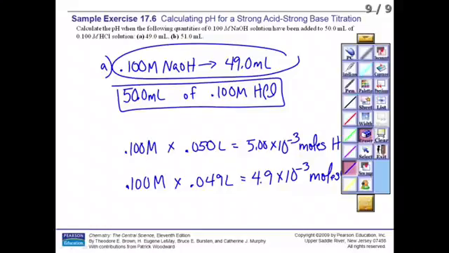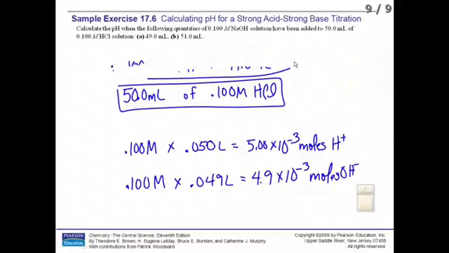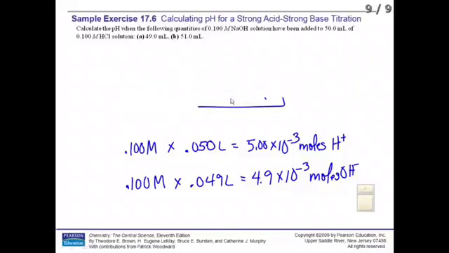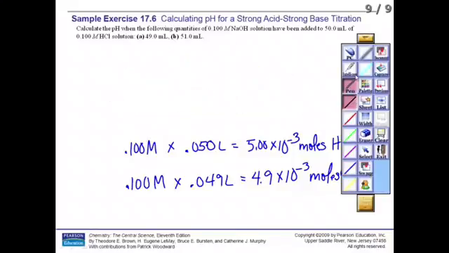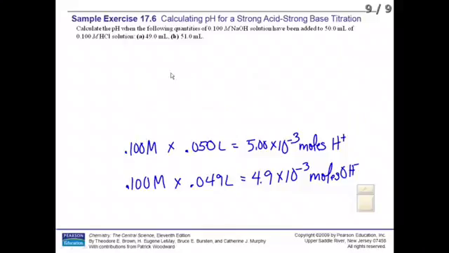Okay, so for any kind of titration, you are more than welcome to do an ICE table. ICE tables work really well for titrations. Basically you've got an acid and you've got a base, and it neutralizes, I'm going to put a full arrow here, forming water. Okay, initial, change, equilibrium.